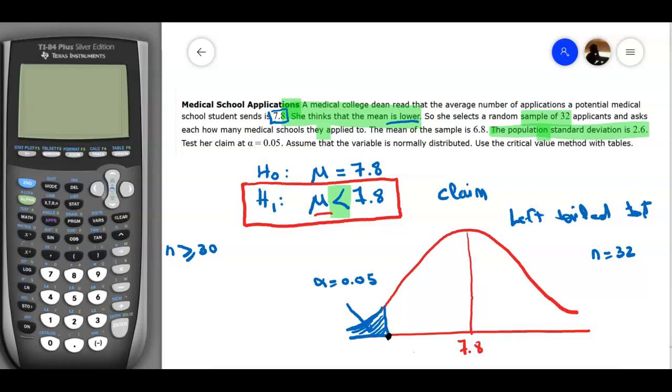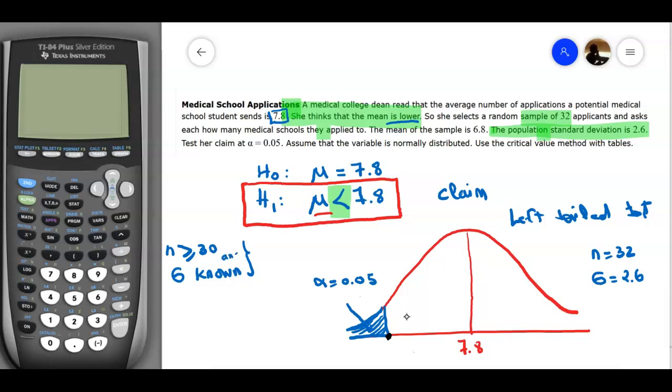What does population standard deviation mean? That is nothing other than sigma. Sigma equals 2.6, so sigma is known. And both of these conditions are satisfied.